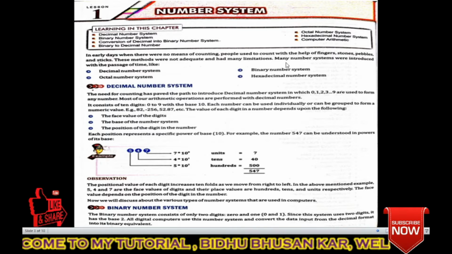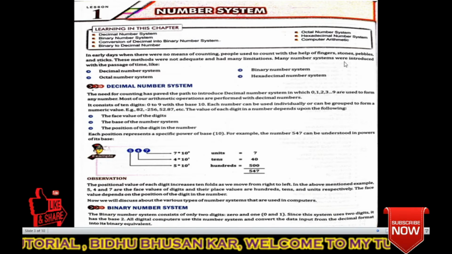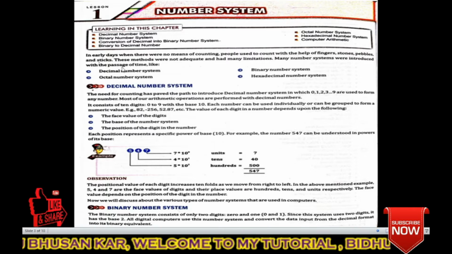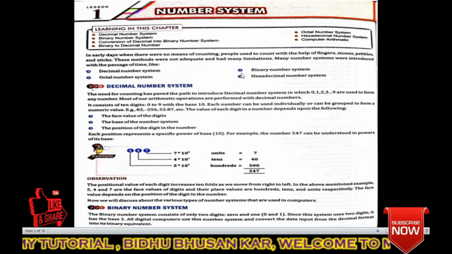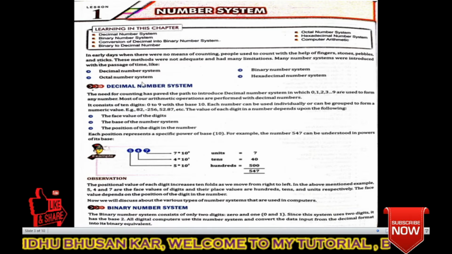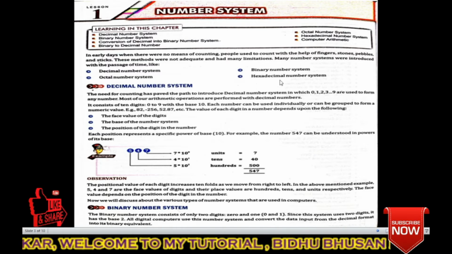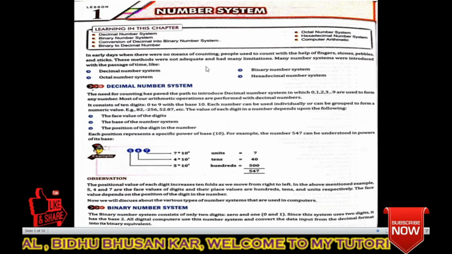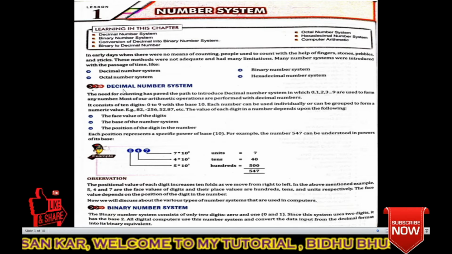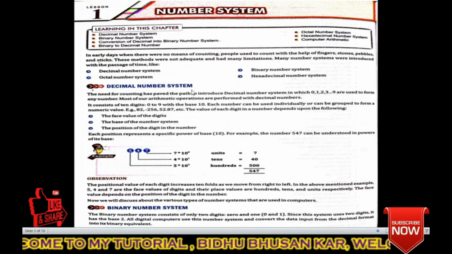Many number systems were introduced with the passage of time, like decimal number system, binary number system, octal number system, then hexadecimal number system. Understood these things or not? Next, we'll read decimal number system.